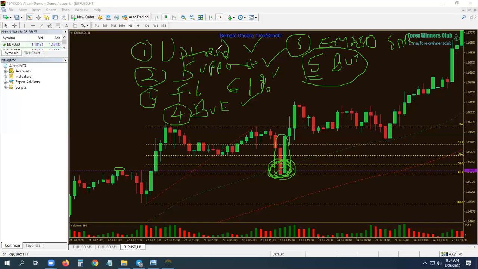In an uptrend, we know we are supposed to buy. At support, we know we are supposed to buy. If the market went up and came back to Fibonacci 50 or 60, we know we are supposed to take a signal. If we have a bullish engulfing pattern, or a bullish pin bar, or a morning star, those are bullish signals. They say the market will go up.